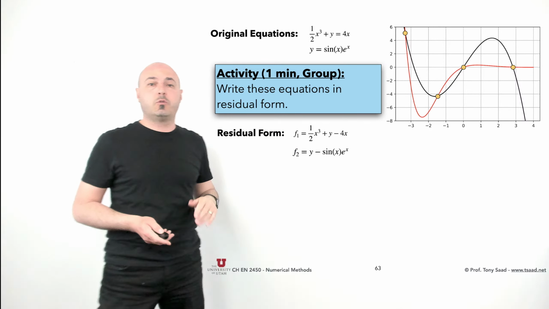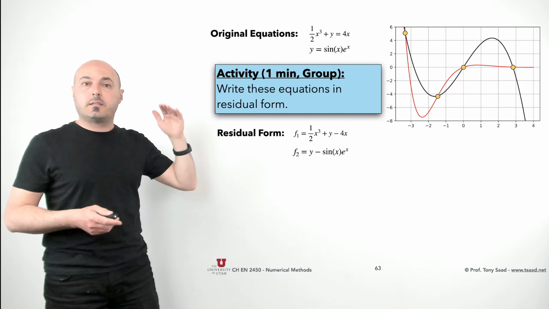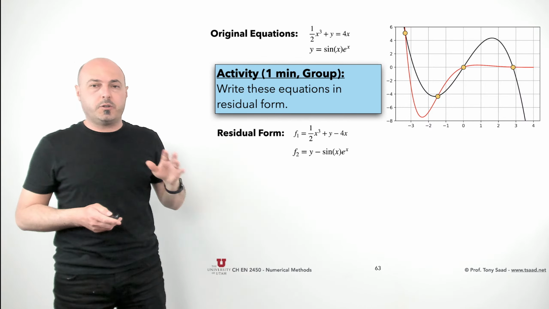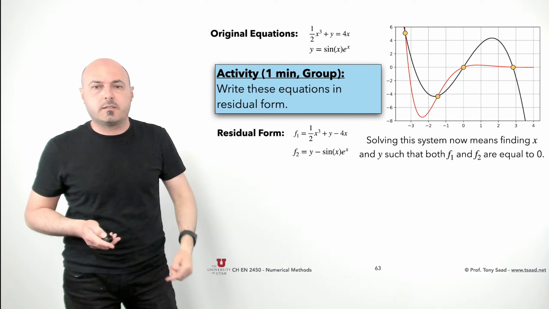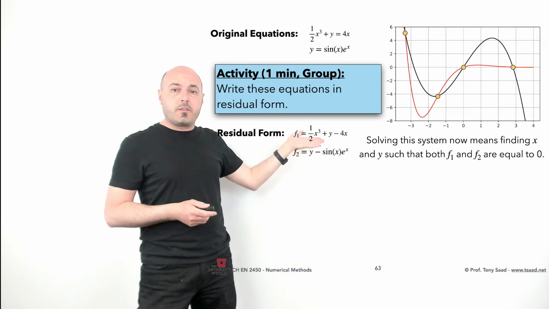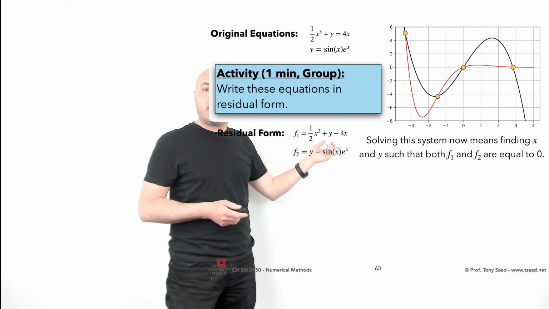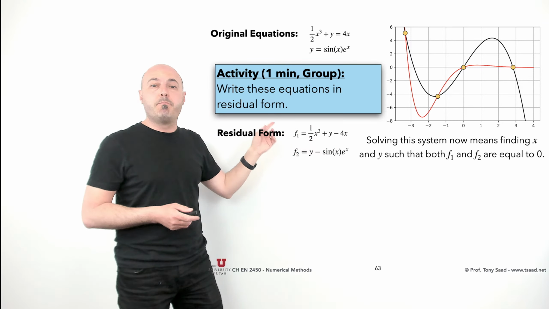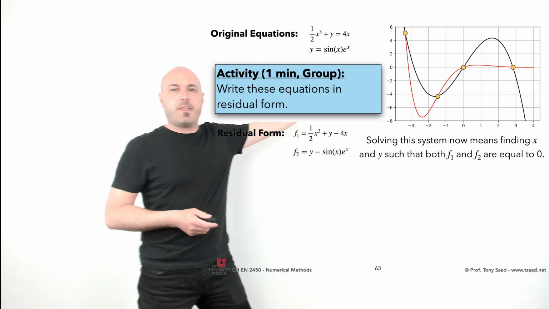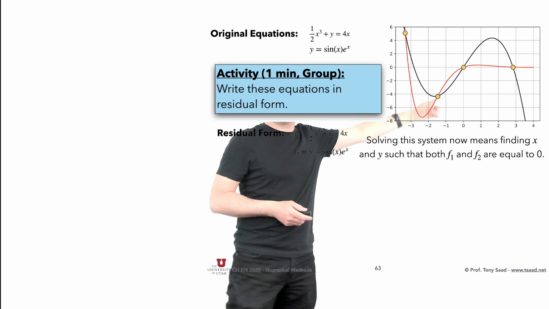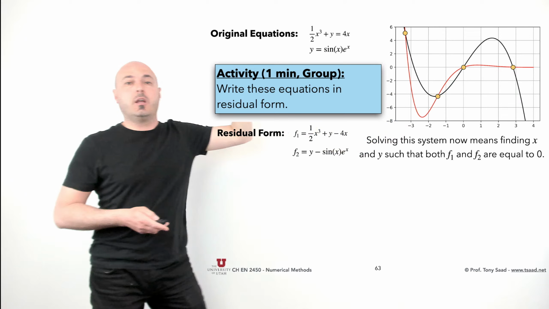That gave us the two residual functions. Be consistent in how you define your residual functions. It's not going to be a problem, but I would be consistent. I always move everything to the left-hand side. Now solving this system of equations means finding x and y, the unknowns, such that both f1 and f2 are equal to 0, rather than intersecting each other at arbitrary y values.